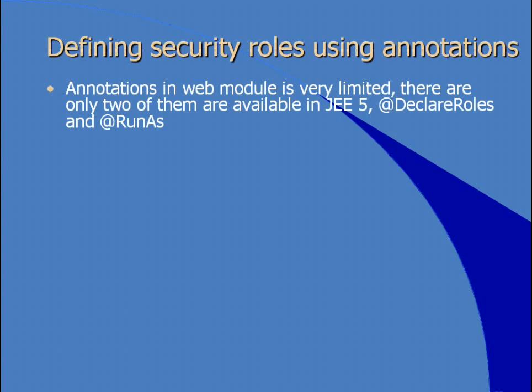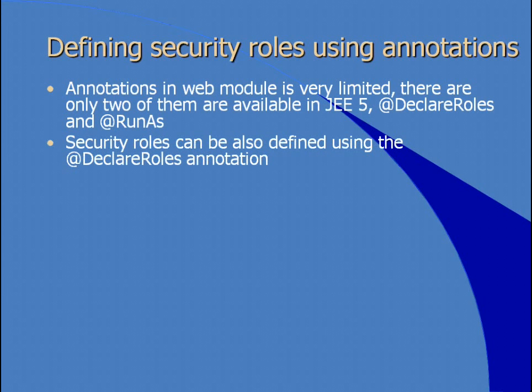The use of annotations in a web module is very limited right now. There are only 2 annotations currently available to web artifacts. One is the @DeclareRoles annotation, and the other is the @RunAs annotation.